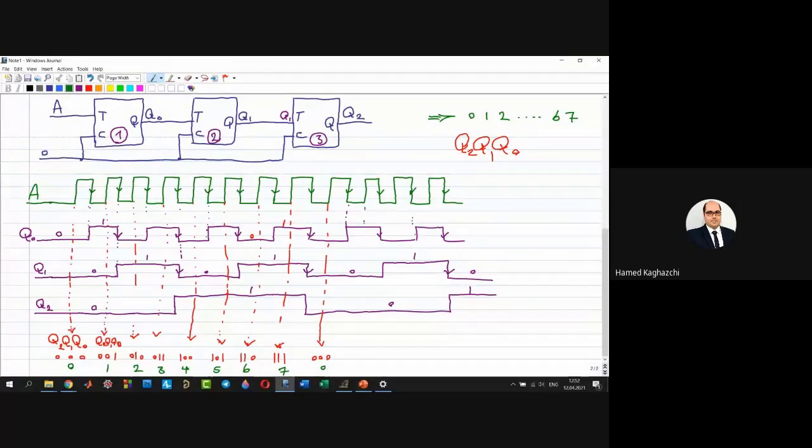If you look at here, again I will start with 0, 0, 1, 0, 1, 0, 0, 1, 1, 1, 0, 0, up to again reaching 1, 1, 1, and again it is set to 0, 0, 0. Using three toggle flip-flops, I could produce the numbers from 0 to 7.